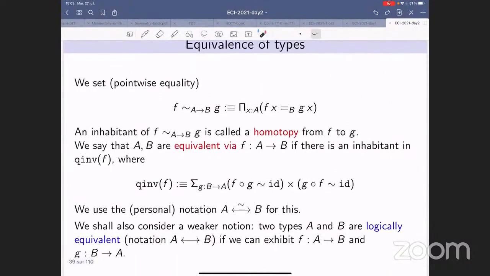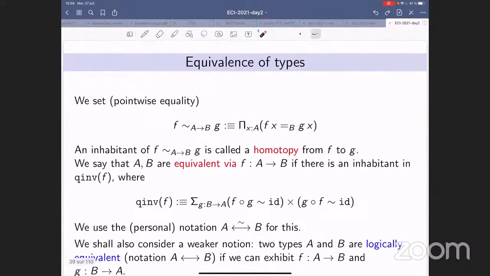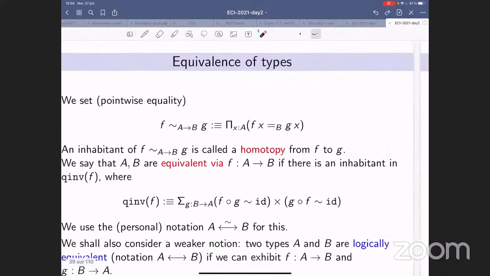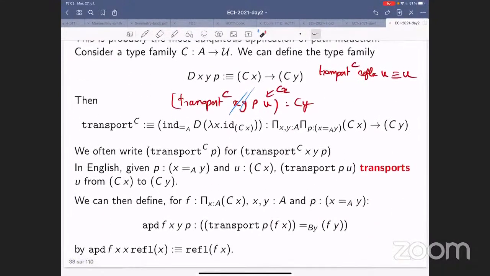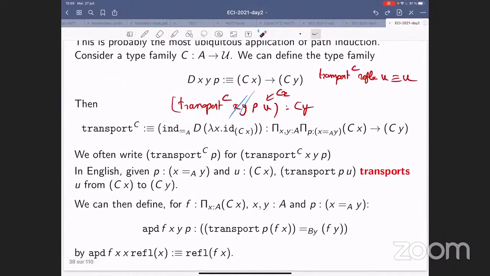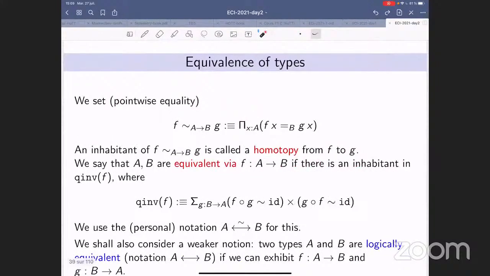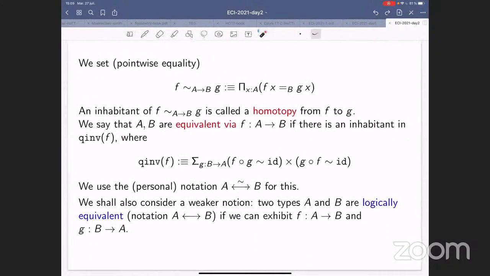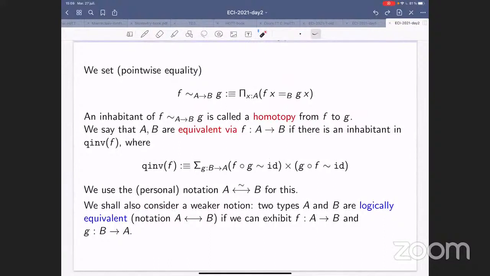So we will see many properties of transport, but let me try to do some conceptual slides before we go to some technique about transport and applications, etc.